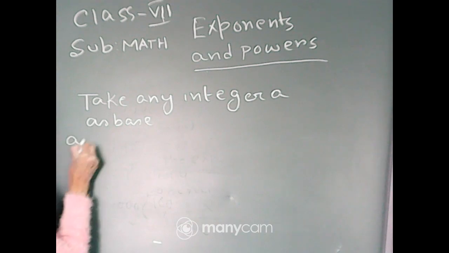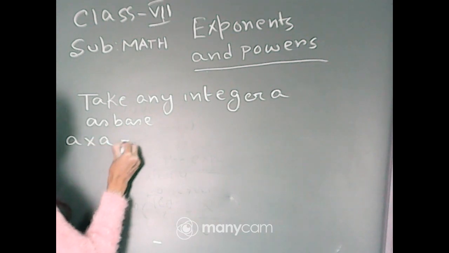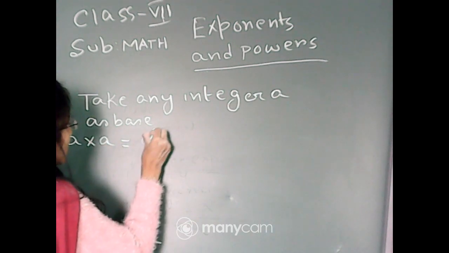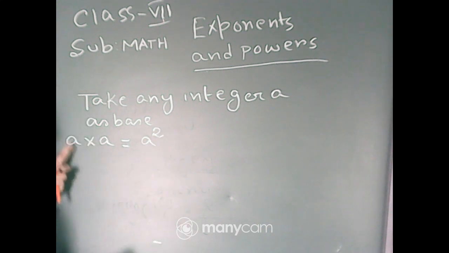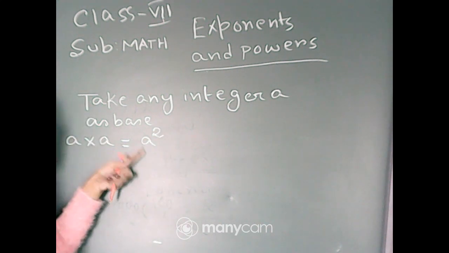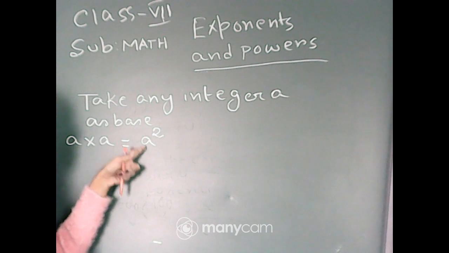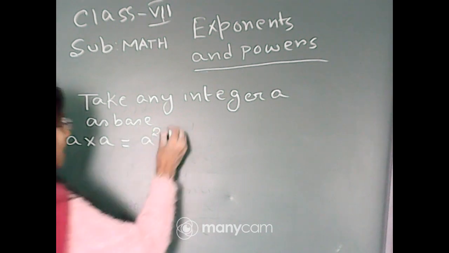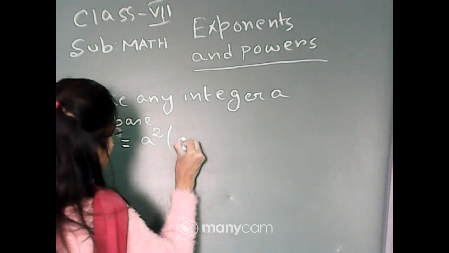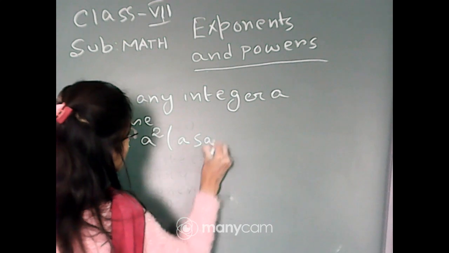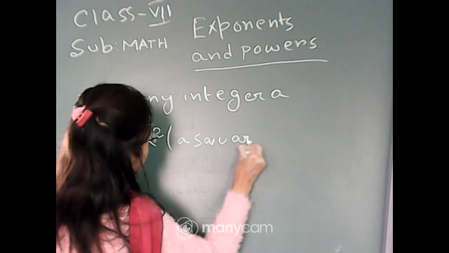Now, a into a is equal to a squared. Here a is 2 times, so the power or exponent of a will be 2 and we read it as a squared.